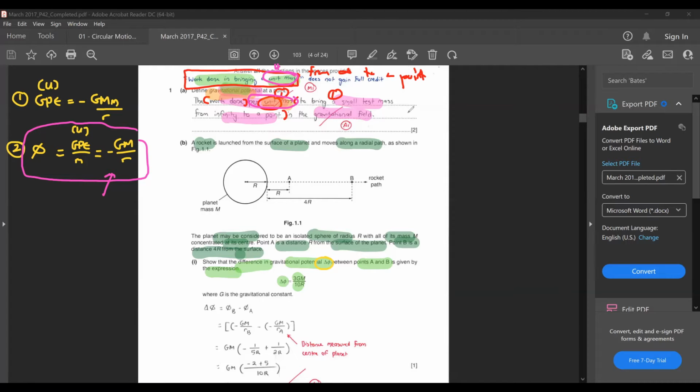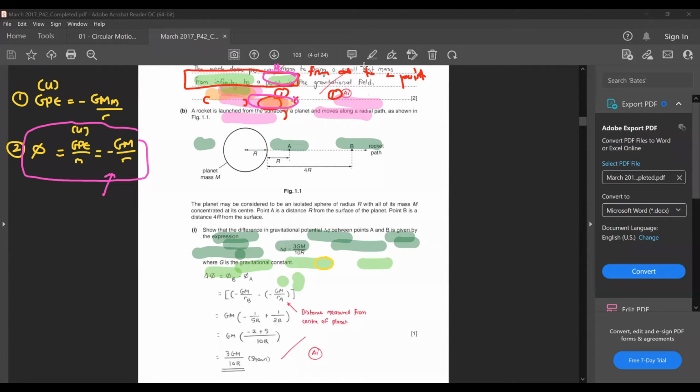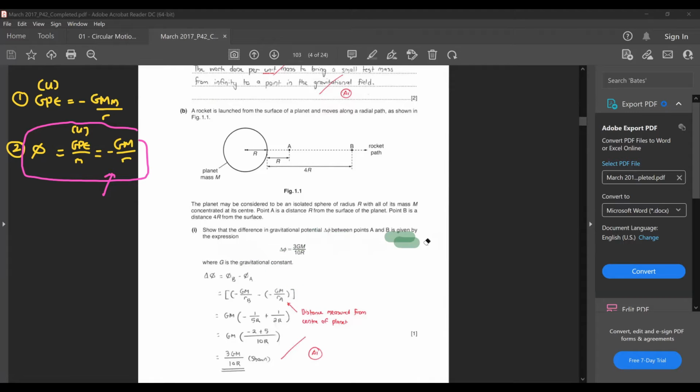So if we try to find out what are the potentials at the respective points A and B, this one should be something like this. Point A, potential at A will be negative GM over Ra.